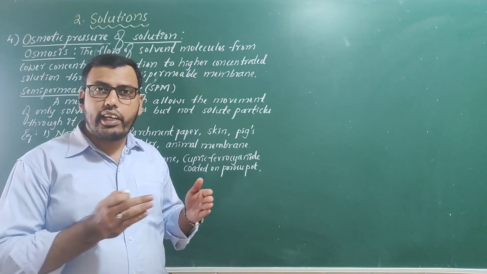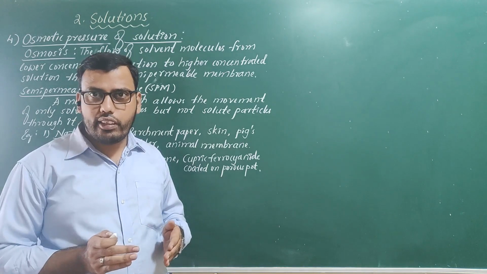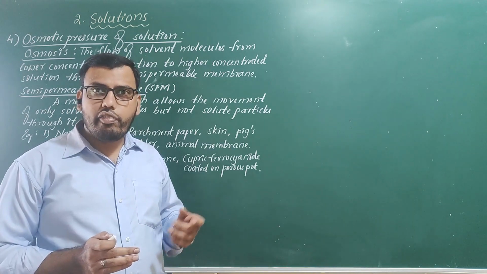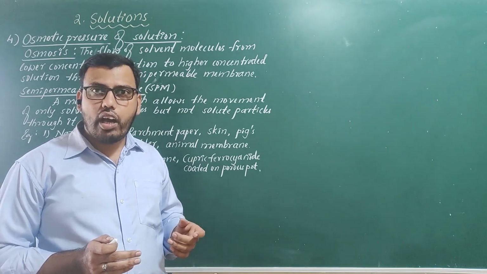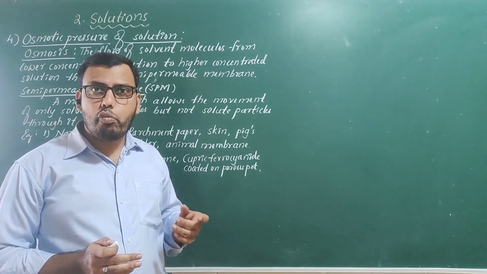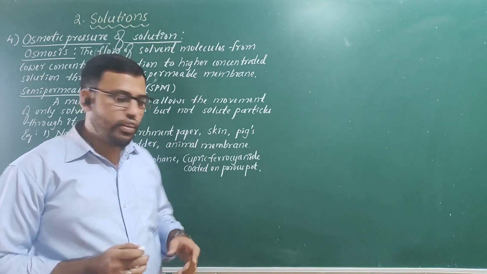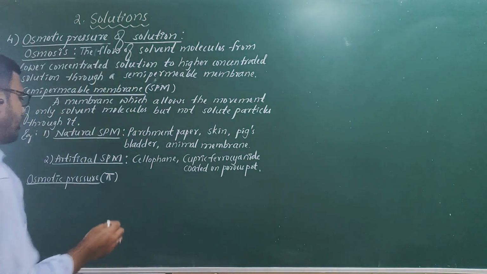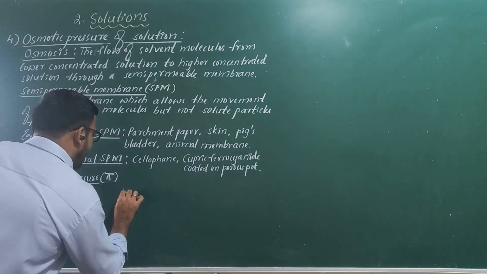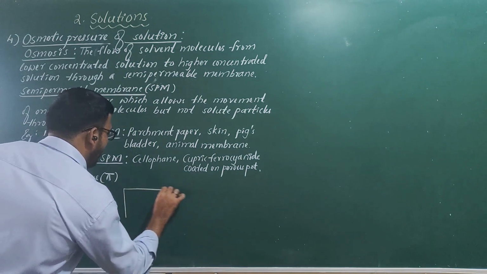So we are taking different solutions here. Among that, we are considering movement of solvent molecules. Okay, in order to define this osmotic pressure, let us take it in a simple way.